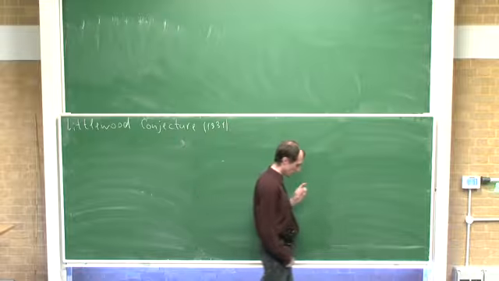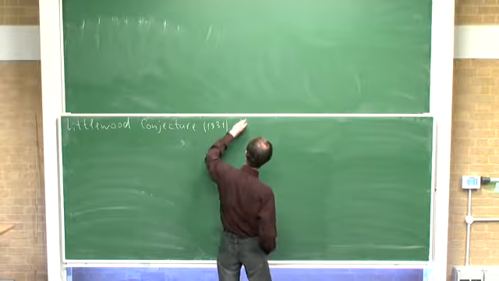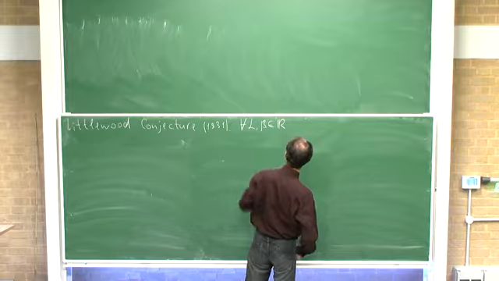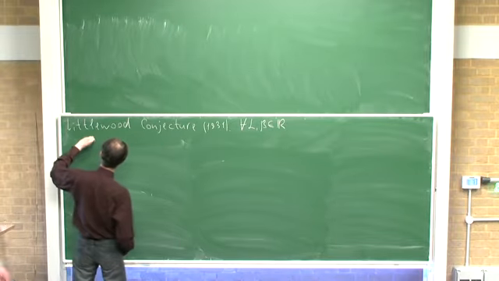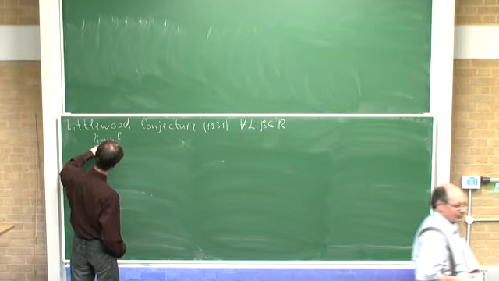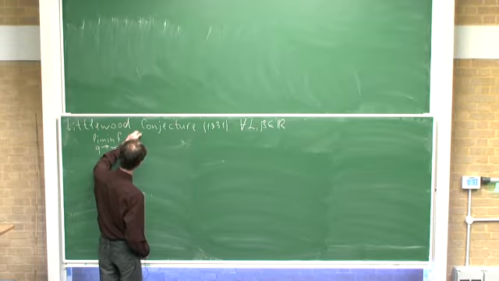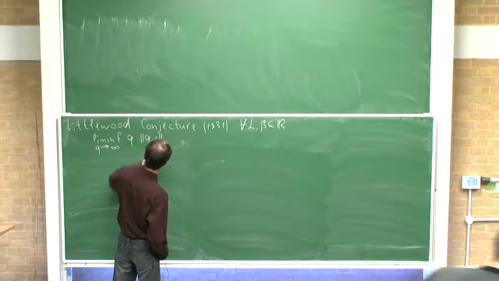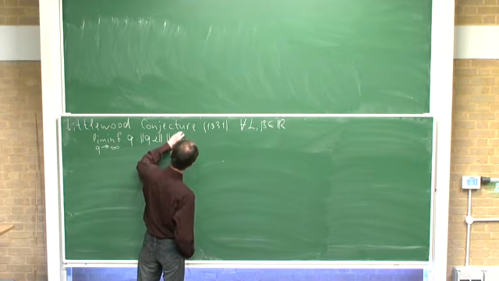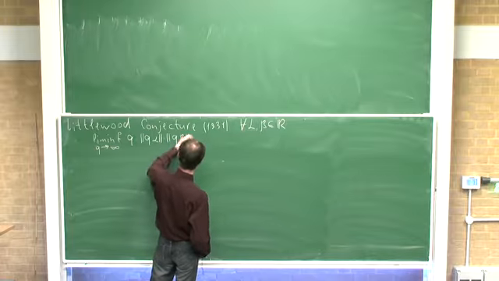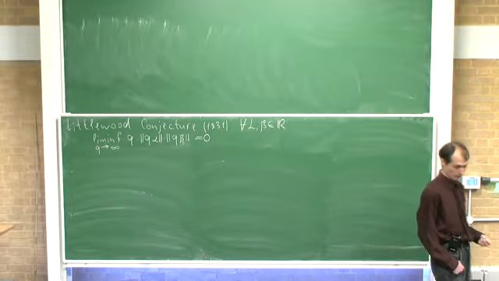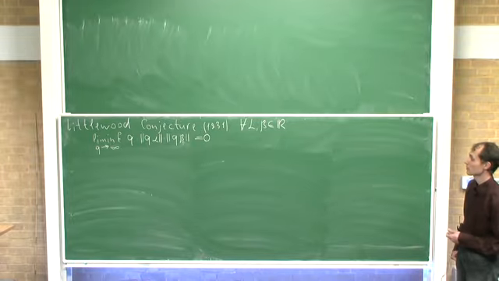And it says that for every pair alpha and beta, or x and y, of real numbers, the following limit, as q tends to infinity, of q times the distance to the nearest integer from q alpha times the distance to the nearest integer of q beta equals 0. So this is the classical standard Littlewood conjecture.